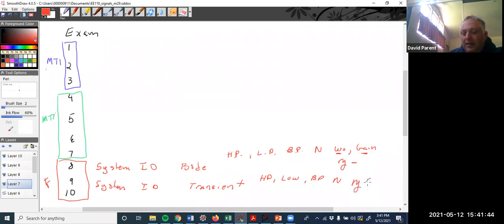Is zeta less than 1, around 1, greater than 1, right? Things like that, because I don't like to say things are impossible, but to be able to do system ID from a transient just by doing a graph like the way we do for the Bodhi plot, it just doesn't work.